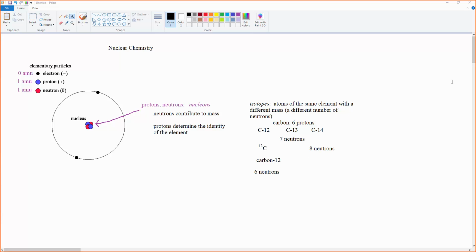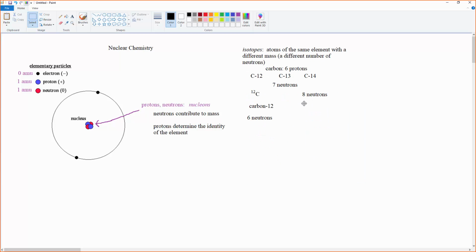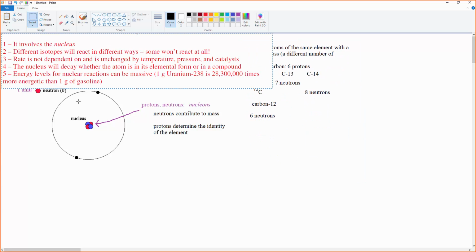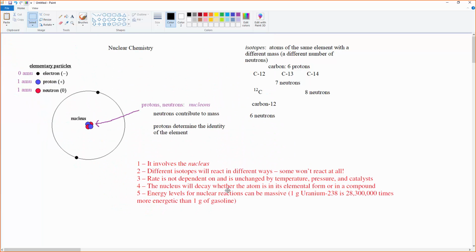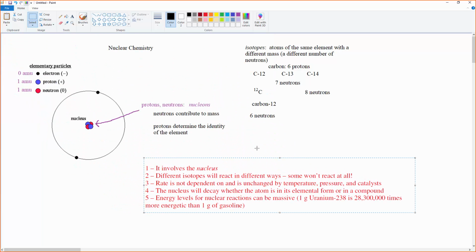Okay. So this is just kind of our background. Now, I've got our fundamental differences of nuclear chemistry versus traditional chemistry that we've been doing, okay? So nuclear chemistry involves the nucleus. That's weird.